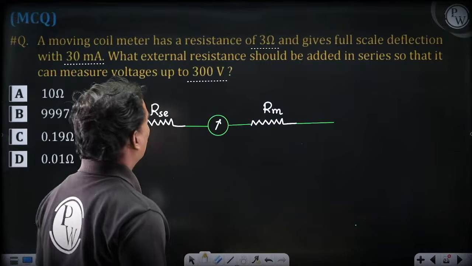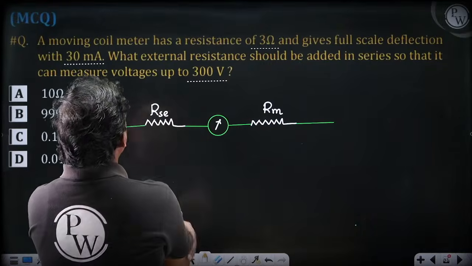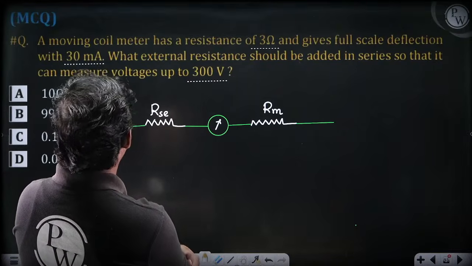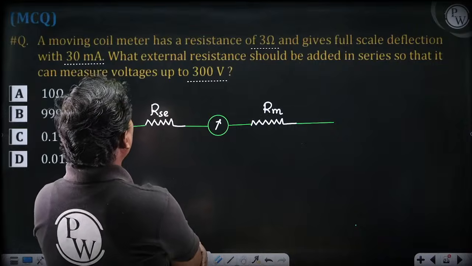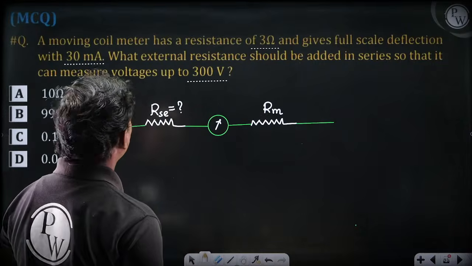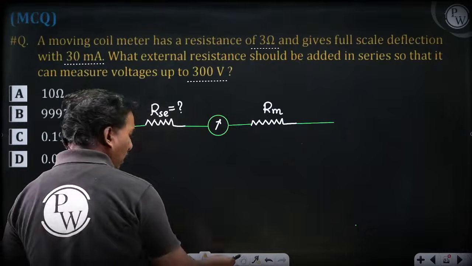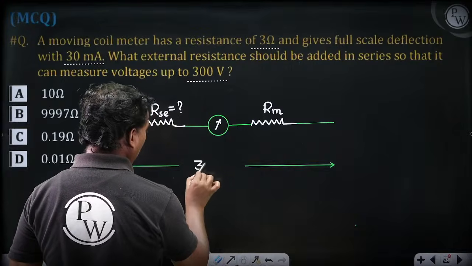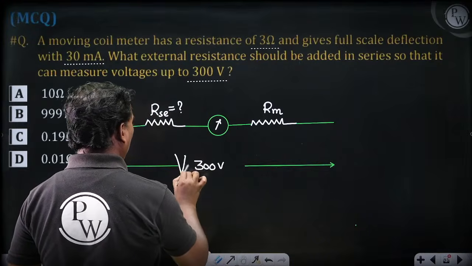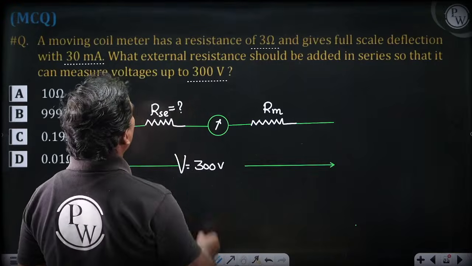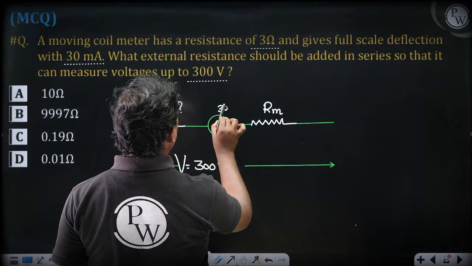A moving coil meter has a resistance of 3 ohms and gives full scale deflection with 30 milliamperes. What external resistance should be added in series so that it can measure a voltage up to 300 volts? So the full scale voltage is 300 volts, and the current is given as 30 milliamperes.